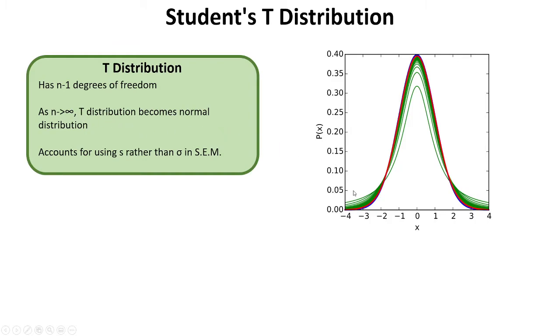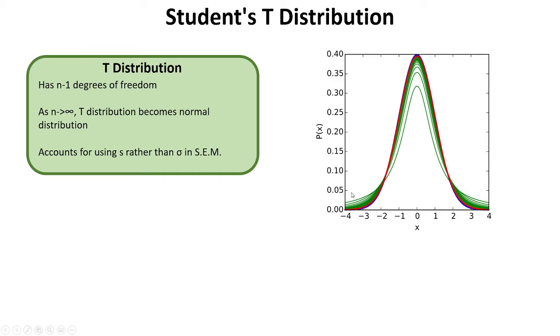Now the t distribution has n-1 degrees of freedom, and as n goes to infinity, the t distribution just becomes a normal distribution. So in green here are a series of t distributions, and in blue is a normal distribution. And you could see for the degrees of freedom of only 2, it's a very fat-tailed curve with a low peak.